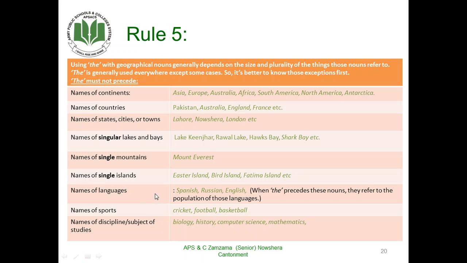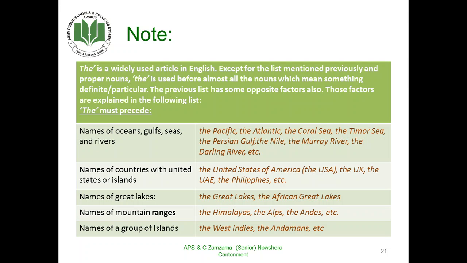When we are referring to the language, we will not use any "the." Names of sports: cricket, football, basketball. With these sports as well, we do not use any "the." Names of disciplines, or you can say subjects of study, for example, biology, history, computer science, mathematics. We do not need any "the" here as well.